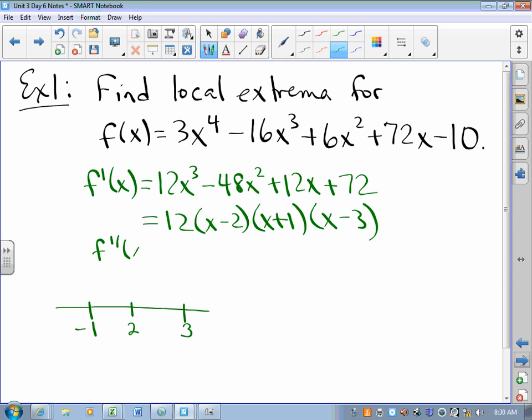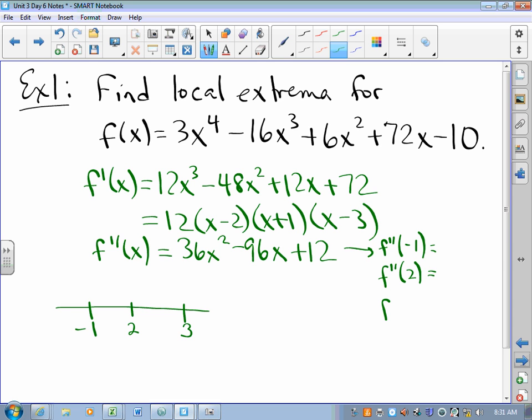So let's go to f double prime. F double prime is 36x squared minus 96x plus 12. So I'd like to find f double prime at -1, at 2, and at 3. I can do that just by substituting -1, 2, and 3 into f double prime.